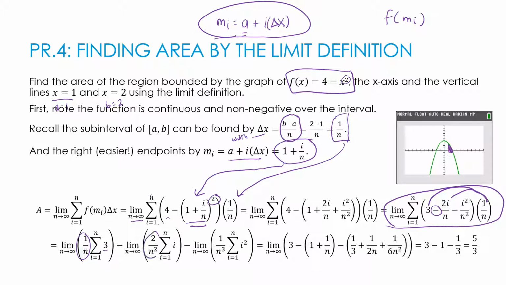So the 2 over n squared is a constant that I moved out, and then I was left with just i on the inside. So i is the summation, and then I know a summation formula for that. And then the last guy, I took 1 over n times i squared over n, so it was i squared over n cubed. Notice I took the n cubed to the outside and was left with i squared on the inside.